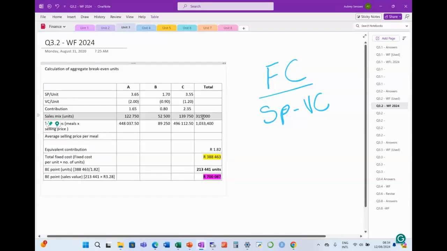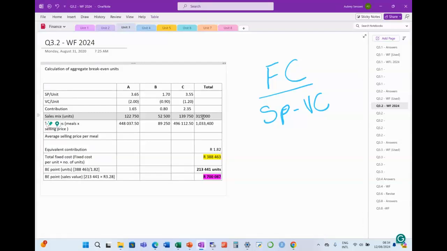So your next step will then be to calculate the total sales for each product, which again, I know you guys know how to multiply, so I've just done that. To get to the 448,000, you're literally just saying 1 Rand 65 times the 122,750. But you guys can quickly check that.